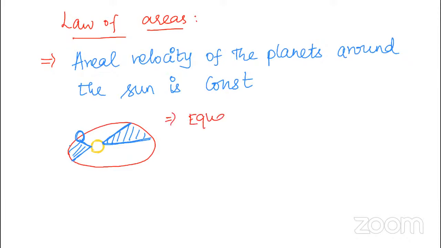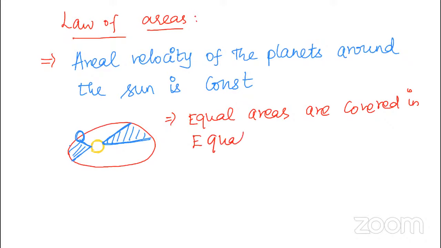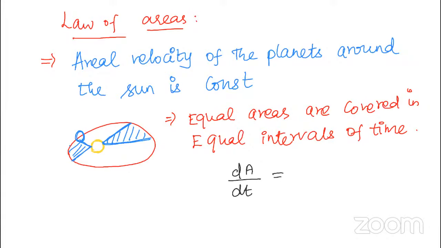Simply we write it in equation form, that is dA by dt is equal to constant.